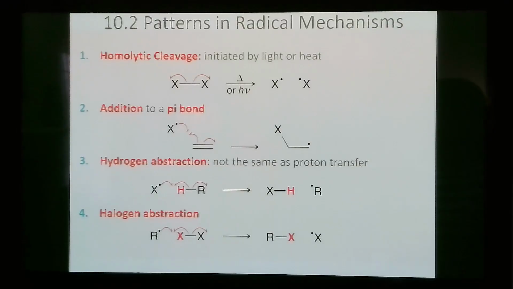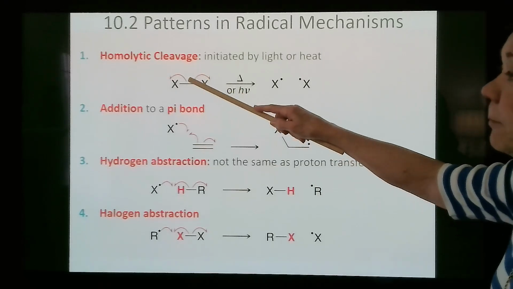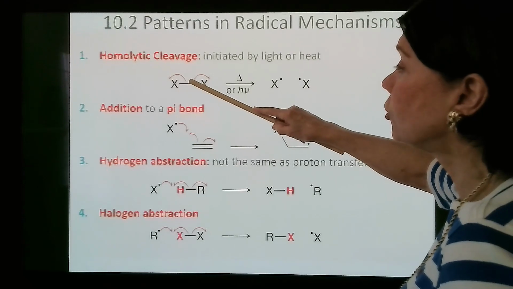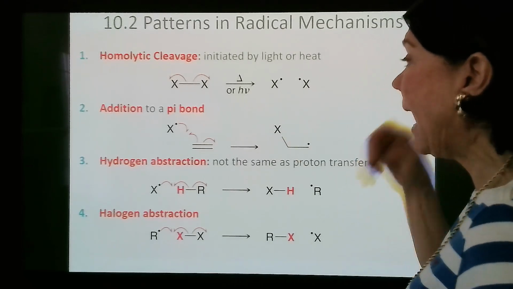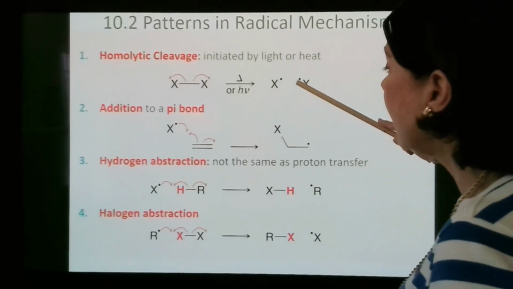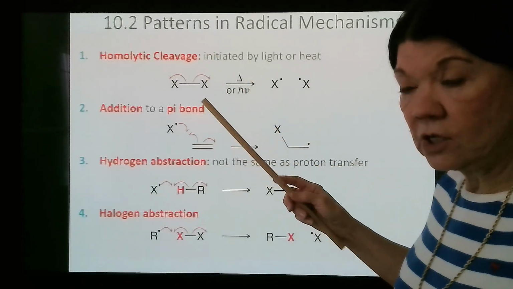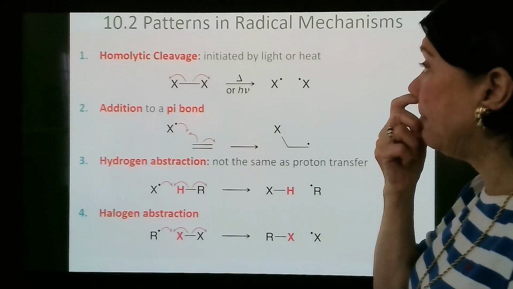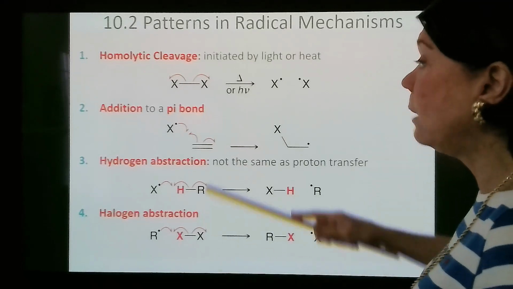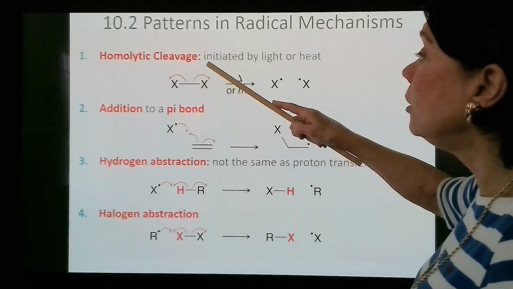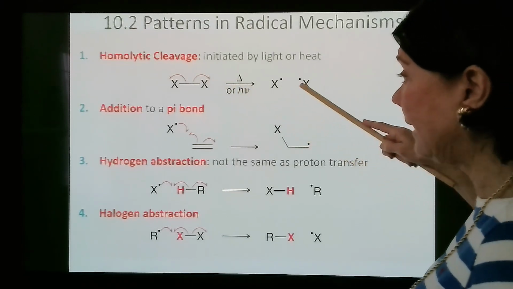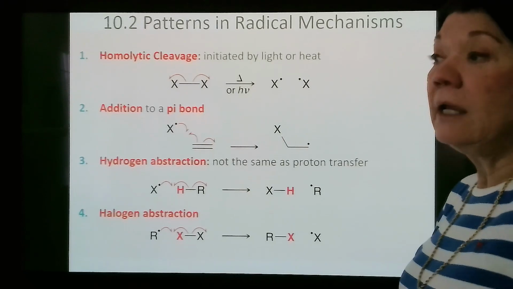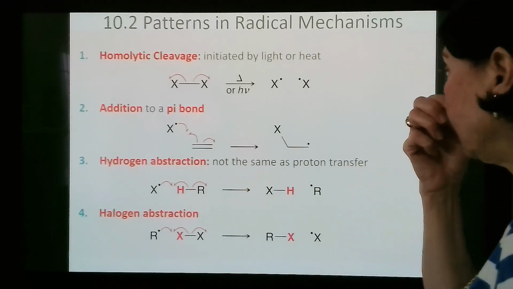And so a step like this, which involves a homolytic bond cleavage, is going to be the first step in that mechanism. And then once you have the radicals generated, then they'll do other things. And those other things will be the subject of these remaining steps. And we're going to see 5 more steps. Usually the first step will be like this, and then you'll see some of these others in various combinations.